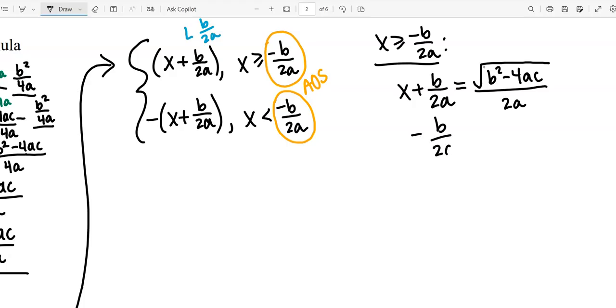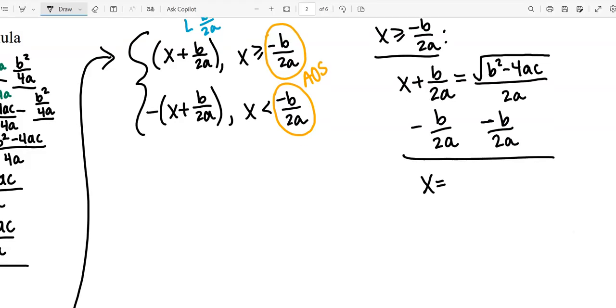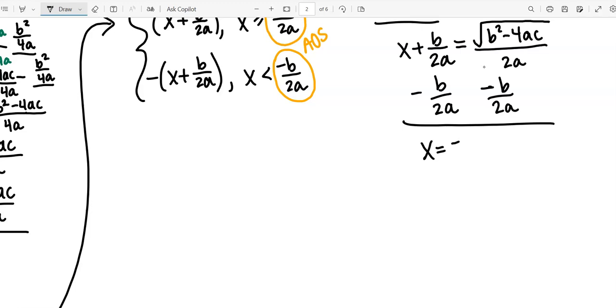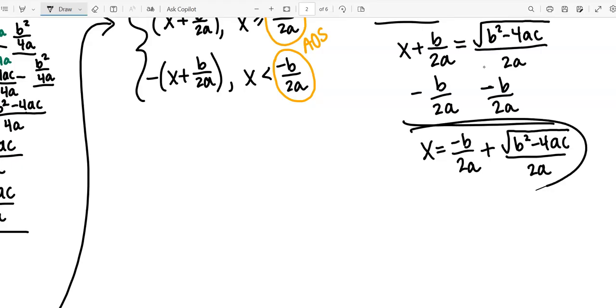Just subtract the fraction. That fraction will be rational, so we'll have the rational fraction first, negative b over 2a. The sign on your square root is positive. And so this will be plus the square root of b squared minus 4ac over 2a. That one's done.